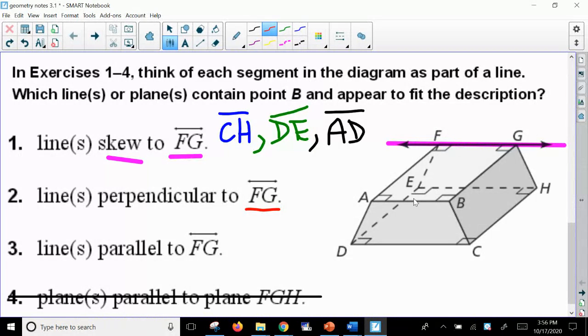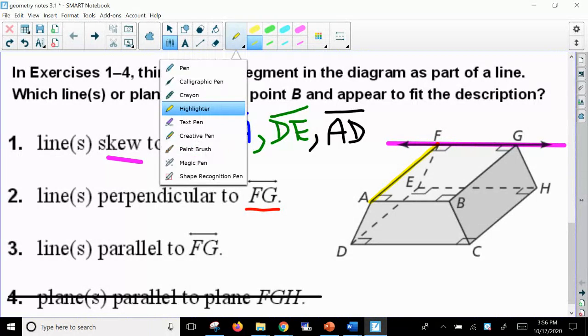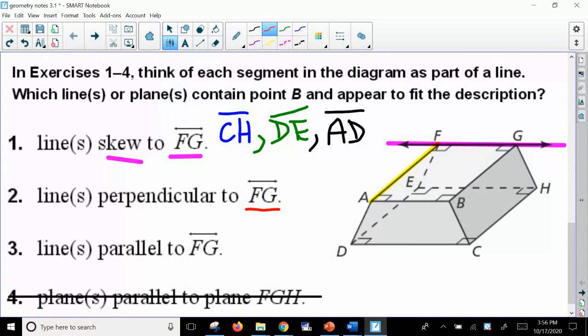And I see that AF is touching FG and making that square. See this square right here? So AF is perpendicular to FG. And I also see BG. BG is making a square with line FG. So BG is perpendicular to FG.